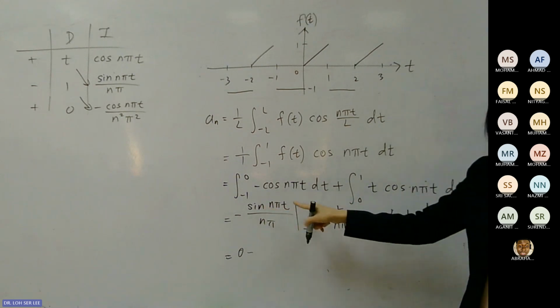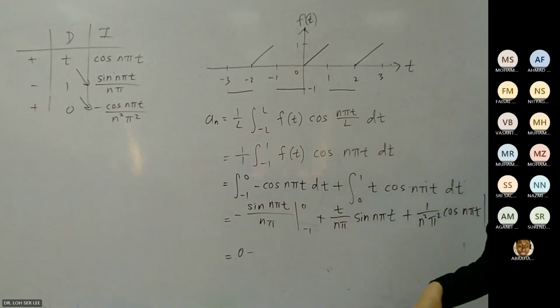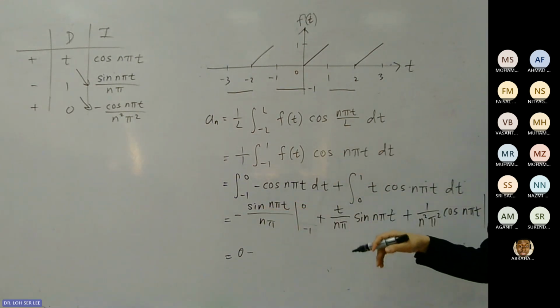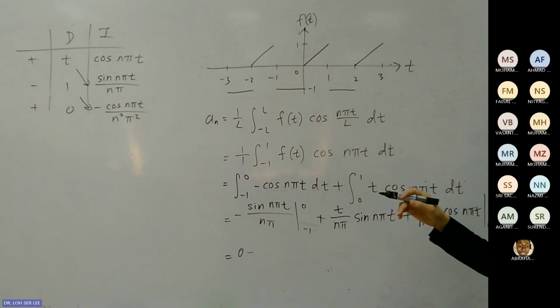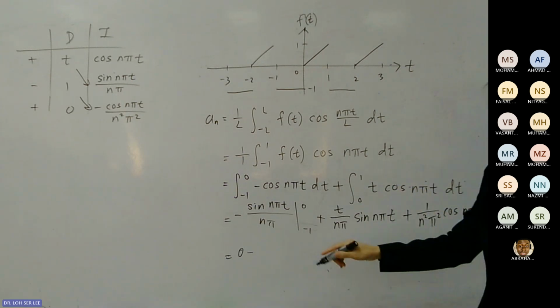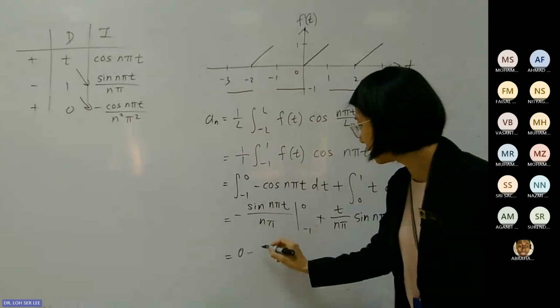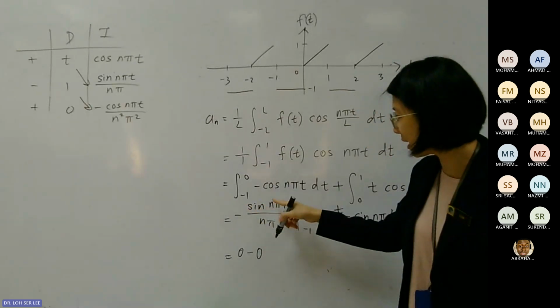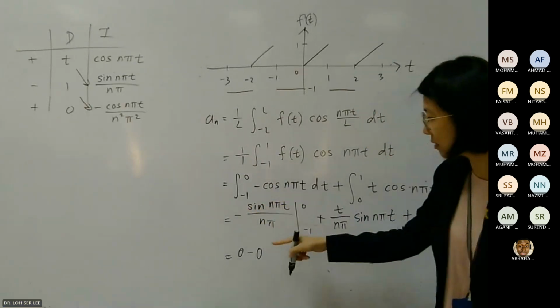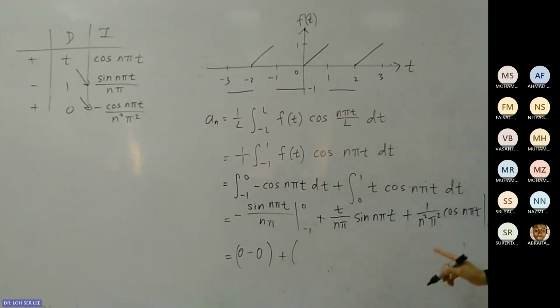Sine negative n pi is negative sine n pi, which is 0. Sine n pi is 0. So negative sine n pi is still 0. 1 into this t, sine n pi, 0.